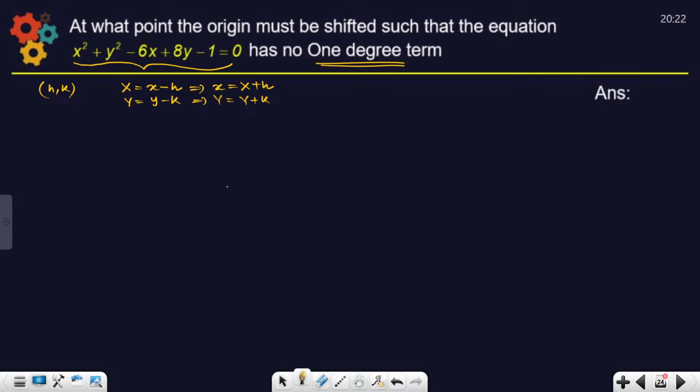So, what will I do now? I will simply put this x and y in the given equation. In this equation, I will simply put these two values. That will be the equation we get, which is basically the equation in the new system, because that equation will contain your capital X and capital Y. Okay? So let me replace that.